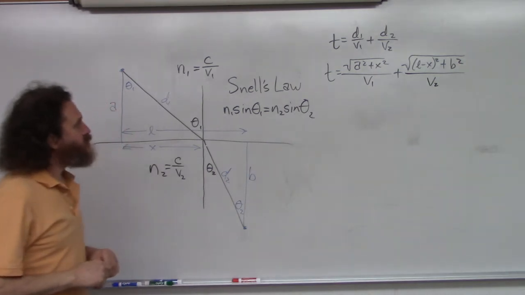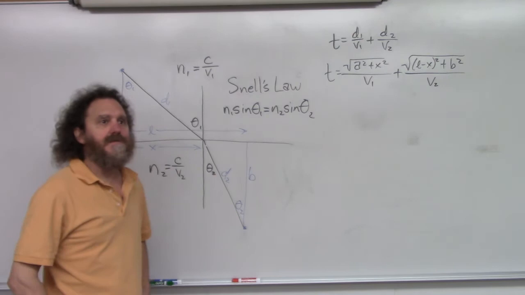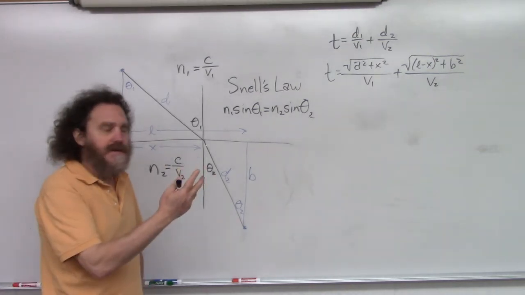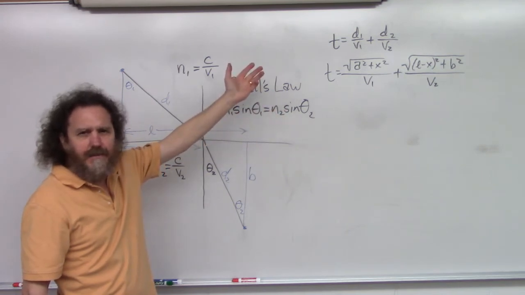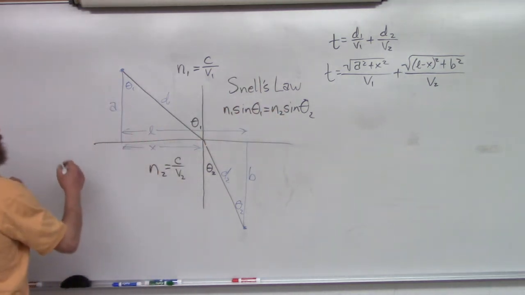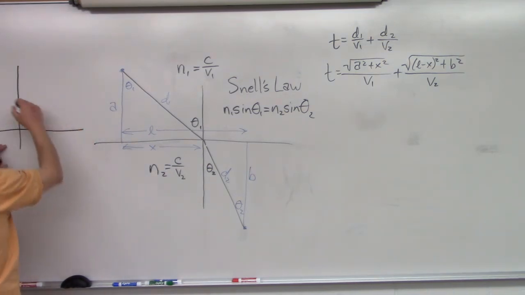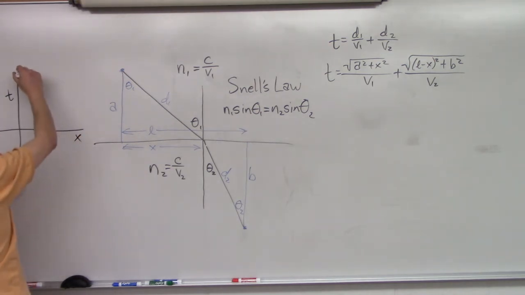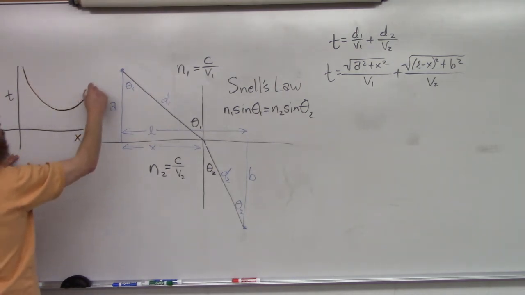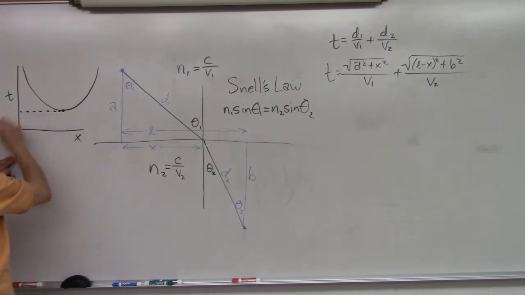Okay, now one of the things that you learn to do in calculus is you can find optimizing things like this by taking the derivative of something and setting it to 0. Because let's say the time it takes is a function of x, and for small x it takes a lot of time, for large x it takes a lot of time, but for one x the time is optimized.